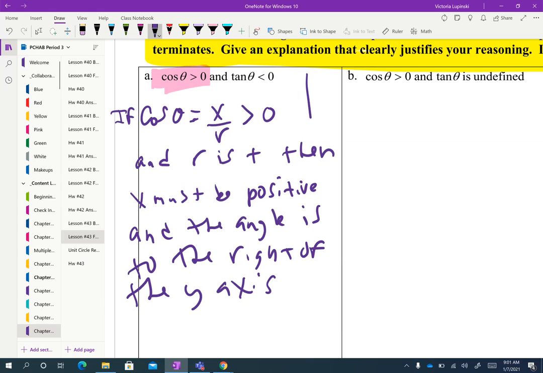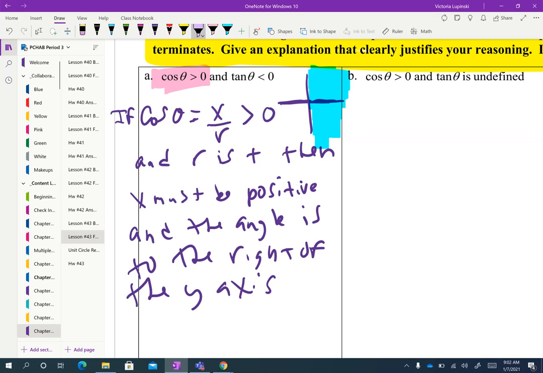If you're thinking about the 4 quadrants, the fact that a cosine is an x over an r, and that r is always positive, means the only way you could divide something by a positive and still get a positive is if x is positive. The only way that x can be positive is if you're to the right of the y-axis. So we have narrowed our answer down to somewhere over here in the blue.